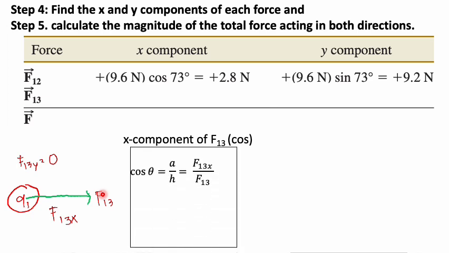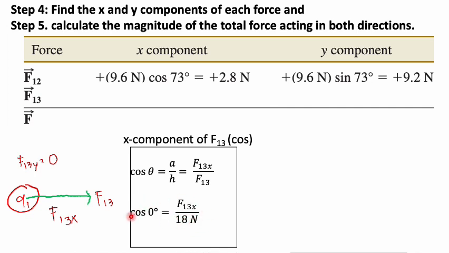So, again, use the cosine function. What is our angle here? Is there an angle here? None. So, our angle is 0. So, cosine 0 is equal to the adjacent, which is F13x, over the 18 newtons.